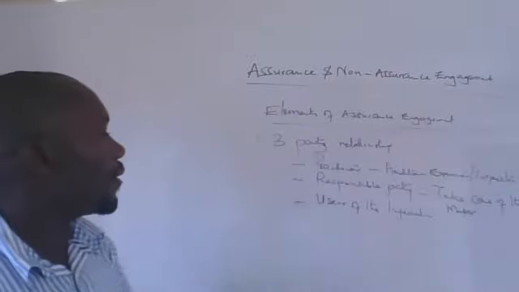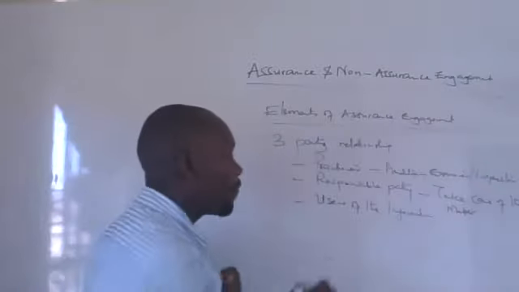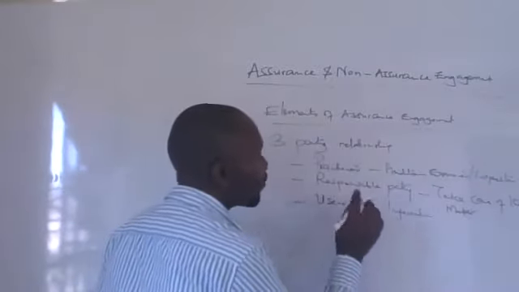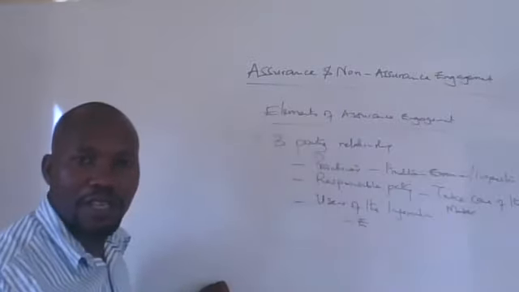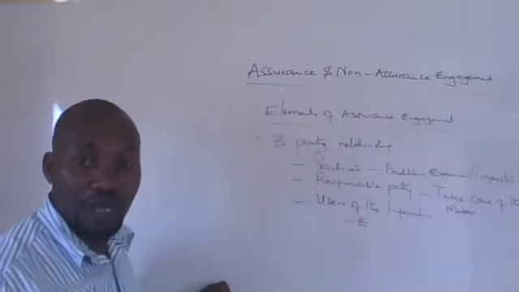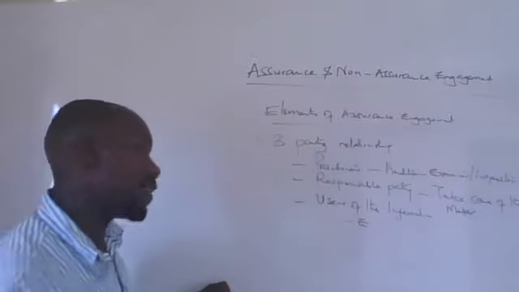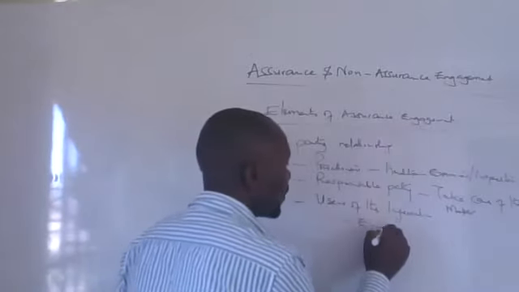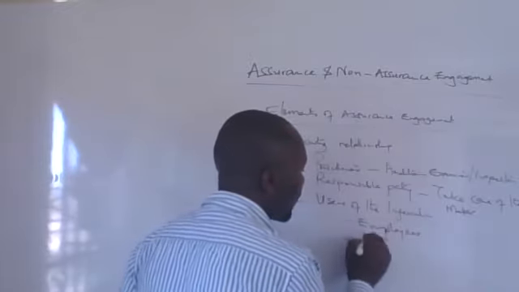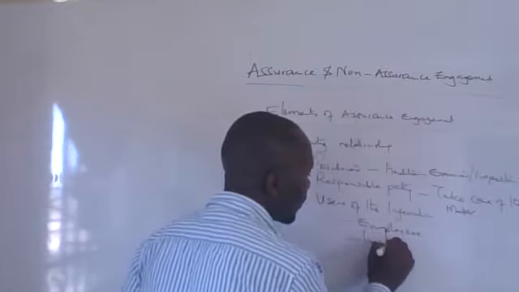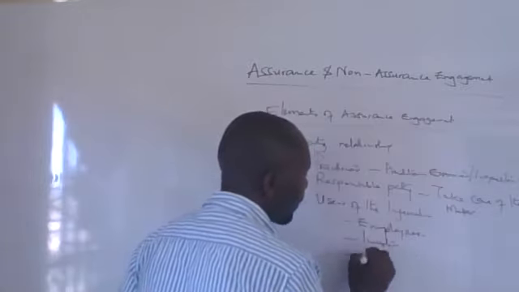And this particular person will be in the form of employees. These are the people who want to use the report that you are giving out. They're interested in the assurance report. They're the people that you're going to assure, or you're going to raise their level of confidence. So examples are employees. They are so interested in this report. We have investors. We have government.